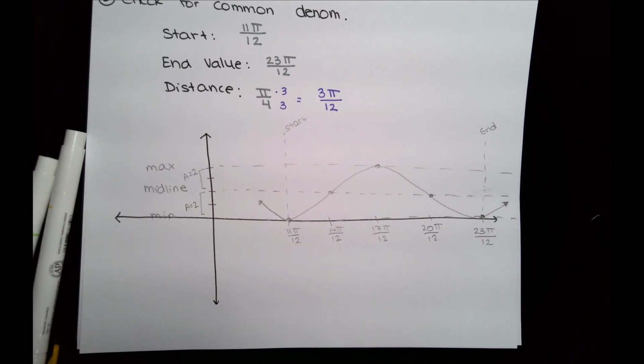So this is graphing cosine with transformations using 5 steps, 6 technically, that make this a lot easier than just going straight into graphing. Let's do another quick example, and then I will let you go.